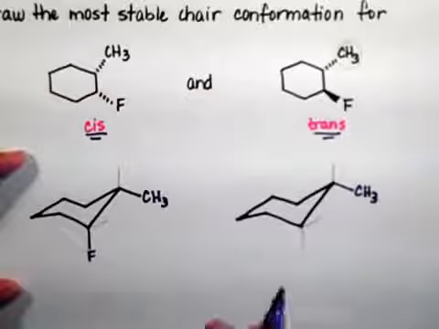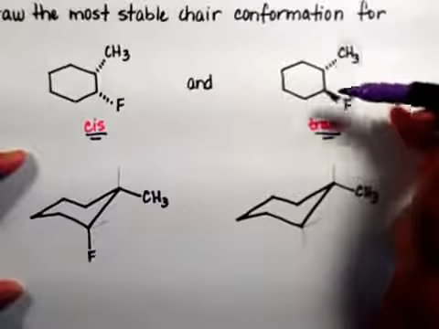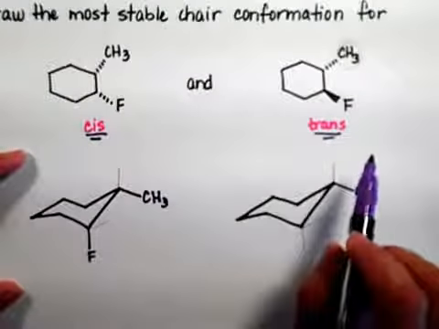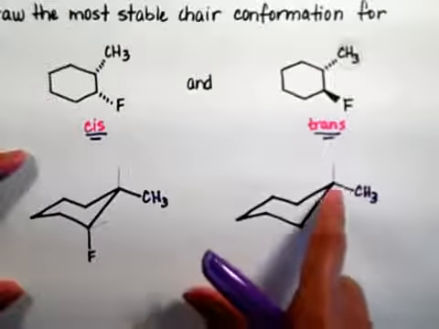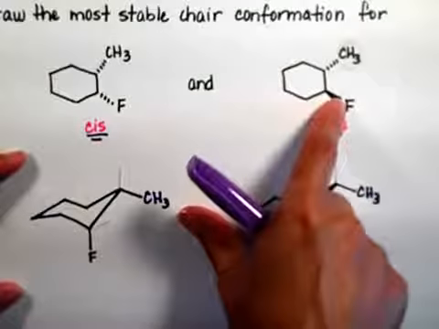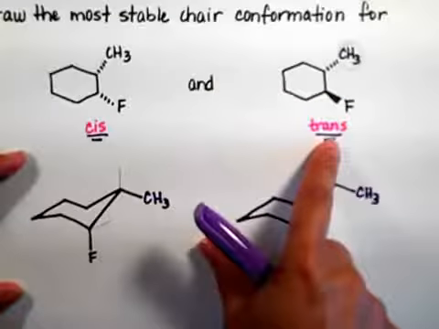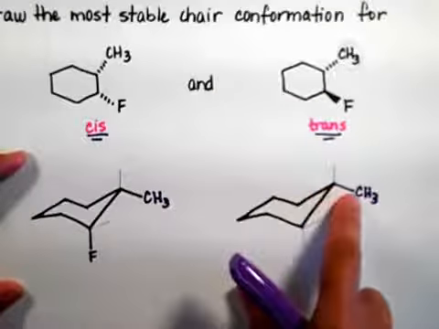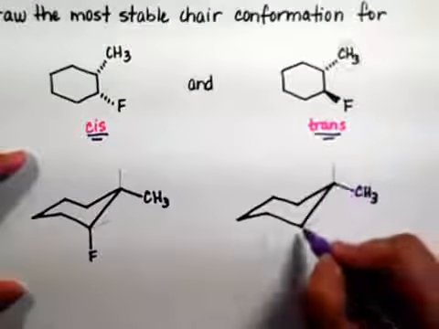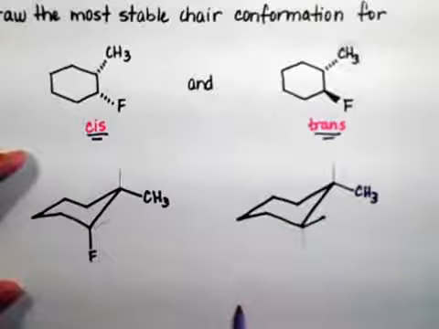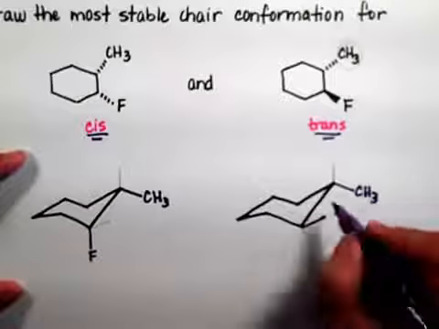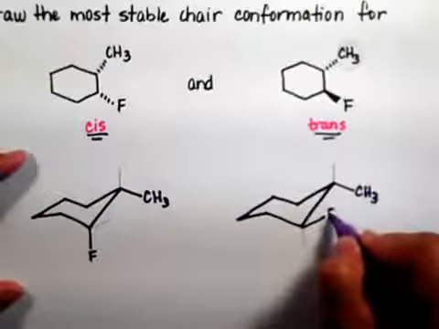Now in the trans, things are looking a little better because the methyl is equatorial down. What I need to think is down, and I need to put the fluorine trans to the methyl. So if the methyl is down, that fluorine needs to be going up. So I come to this carbon right here and I pick the up position, and as you can see, we got lucky.